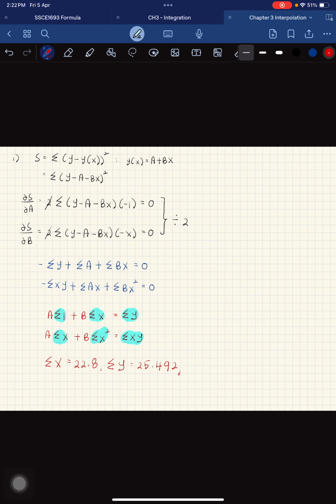25.492, and then we want to find summation x squared. Option 1, and then summation x squared is number 2. So press 2 equal 92.5, and then summation xy.